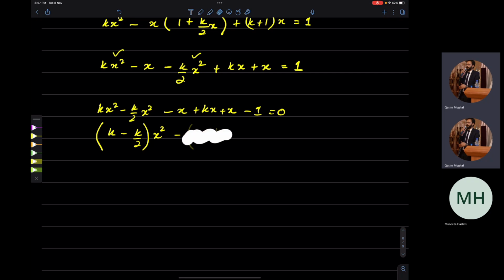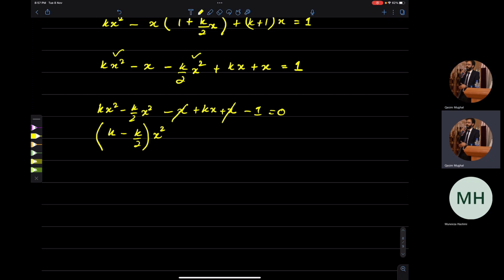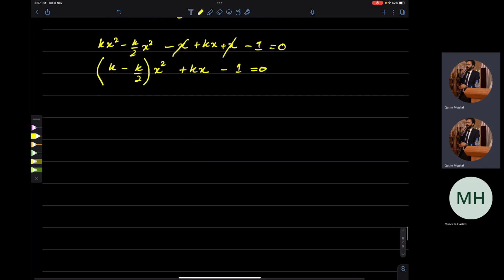Wait a minute, I didn't see that. Minus x and plus x will cancel out. I'm only left with just kx. And then minus 1 equals 0. Now that's a proper shape.